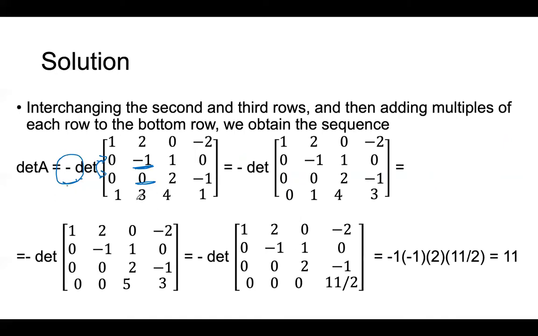Now it's a little bit better. So now we can go ahead like normal. Once we do this, we have our negative out front that just comes from here because we flipped it. And then we can get rid of this 1.